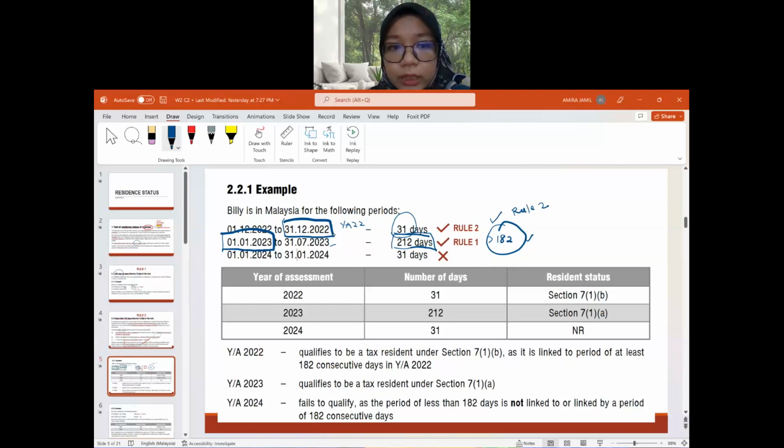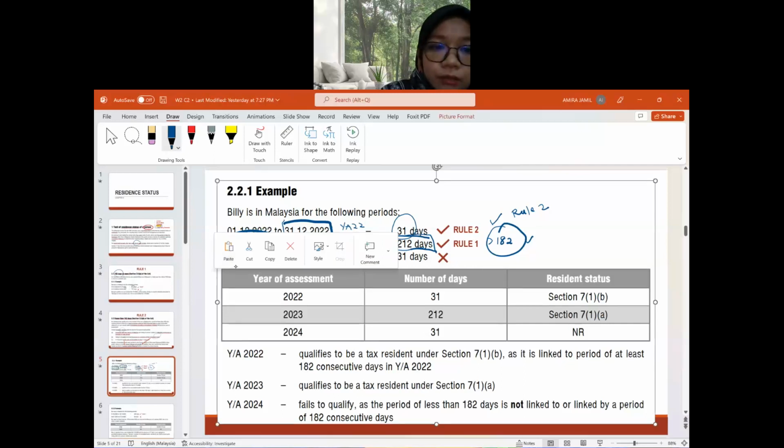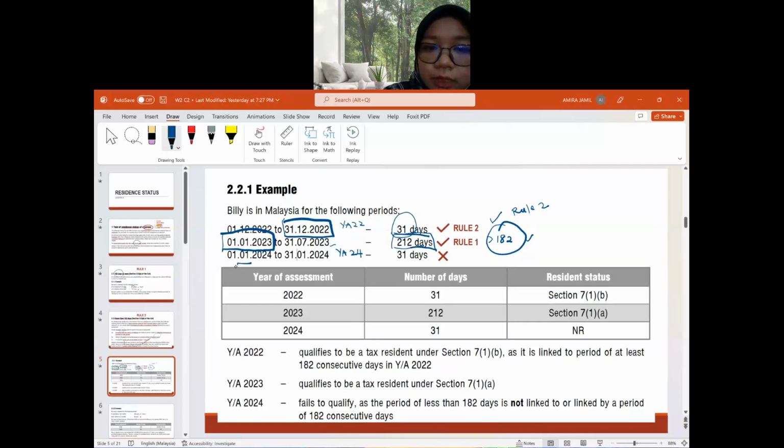How about YA 2024? Okay, YA24, year of assessment 24, can he be considered as a tax resident? Okay, sorry, this one is January, this one is July. He stayed in Malaysia in 23 until July, and then he went overseas, and then he came back on 1st January 2024.